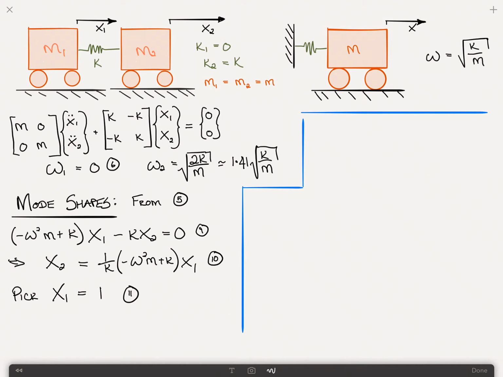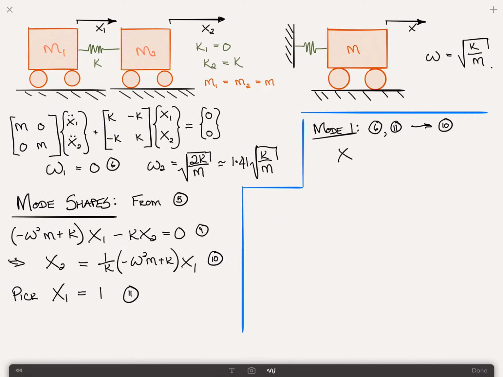All right, let's look at mode 1. Mode 1. So if I take equation 6, which is the frequency omega 1 equals 0, if I take 11, which is that x1 is equal to 1, and I substitute these into equation 9, or equation 10, I should say.